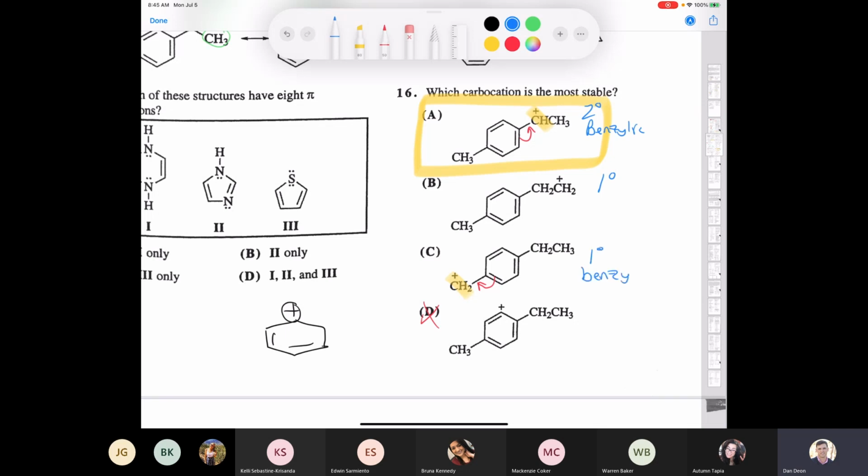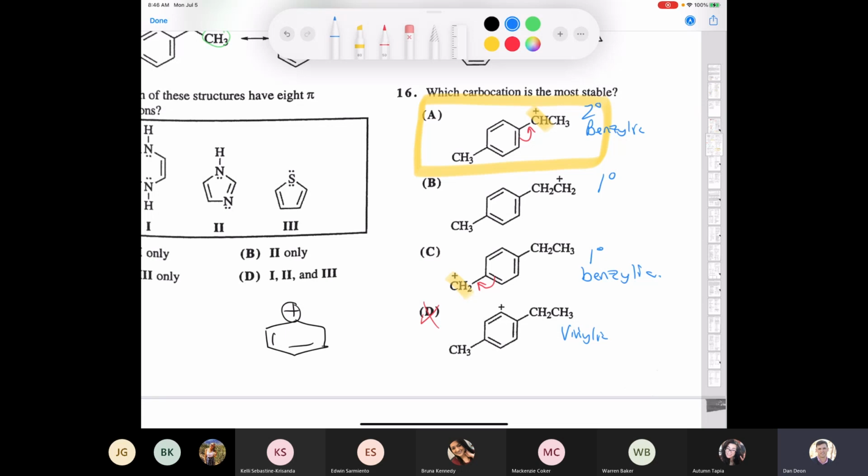So remember that R groups or alkyl groups serve to stabilize carbocations through hyperconjugation, and therefore A will be the most stable. So B was primary and D is vinylic, or aromatic technically, but either way, it's not even going to exist.